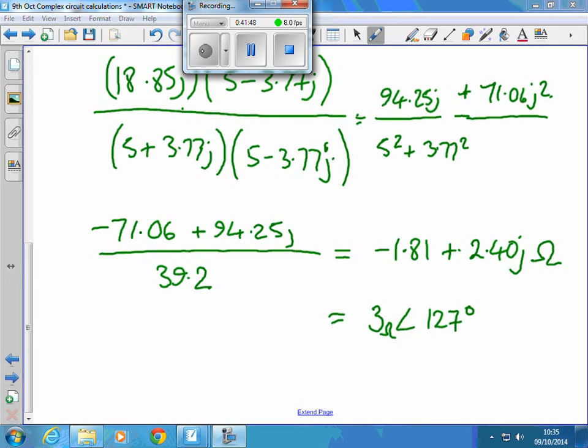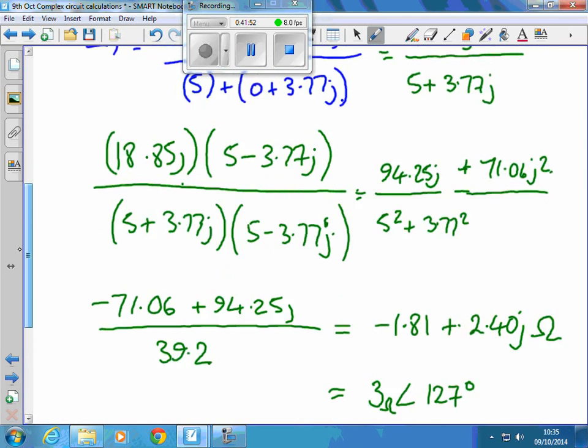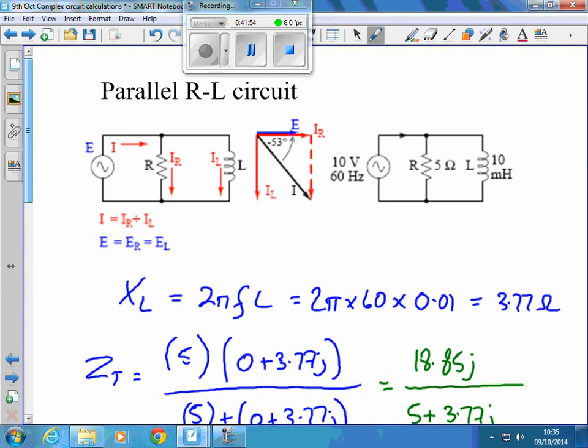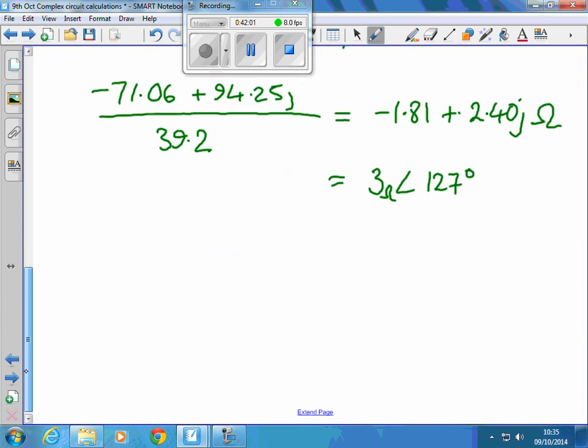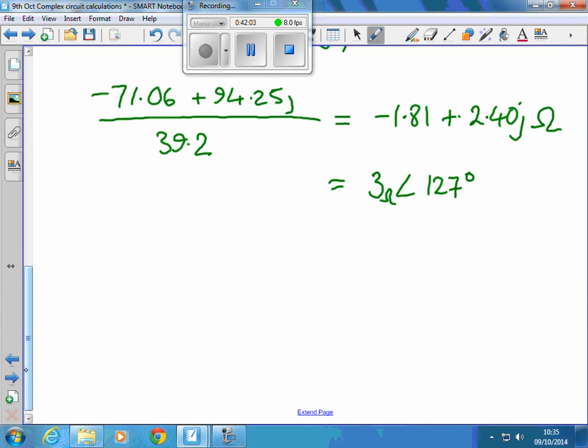Okay. So from that we've got an impedance of 3 ohms angle 127, or if we want it in that form, minus 1.81 plus 2.4J.